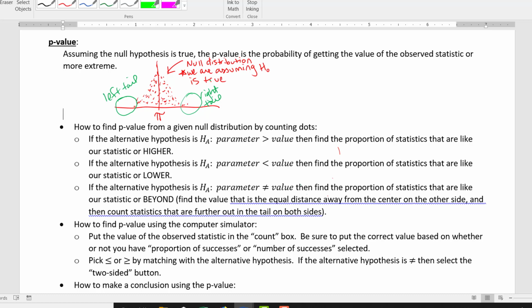You have a lot of support for the alternative hypothesis. If your observed statistic came out here in the area where you see a lot of expected, normal, and usual sorts of statistics, then you would say that you think the null hypothesis is plausible.